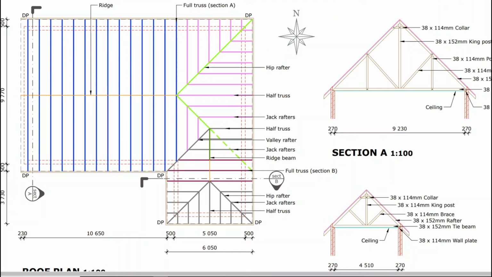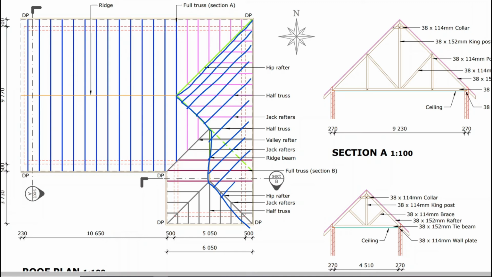That's the description. But I want to just break down why it's important to understand what is going on in your drawing. You need to be able to visualize what exactly you're dealing with. Okay? And so when I see a drawing, I try and just visualize the faces of this roof and how it would work out.